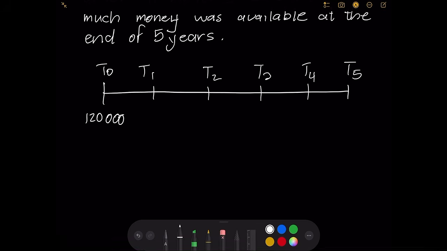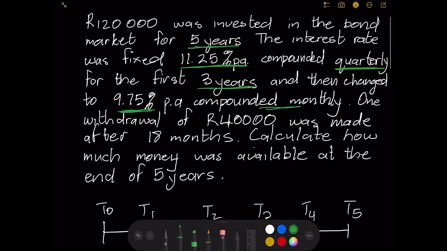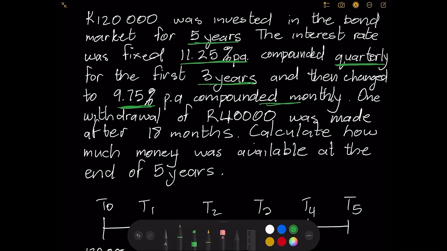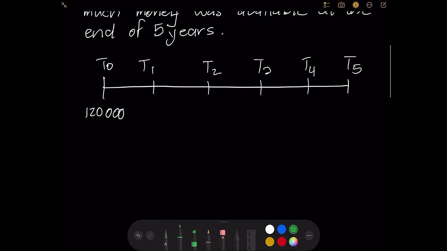So let's deal with the 120,000 first. But what we need to remember is that, it was compounded at 11.25%, all right, and this was on a quarterly basis for 3 years. So in this case, I'm going to look at the first 3 years and see that in this case, it was at 11.25%, okay, per annum, and this was on a quarterly basis, okay.